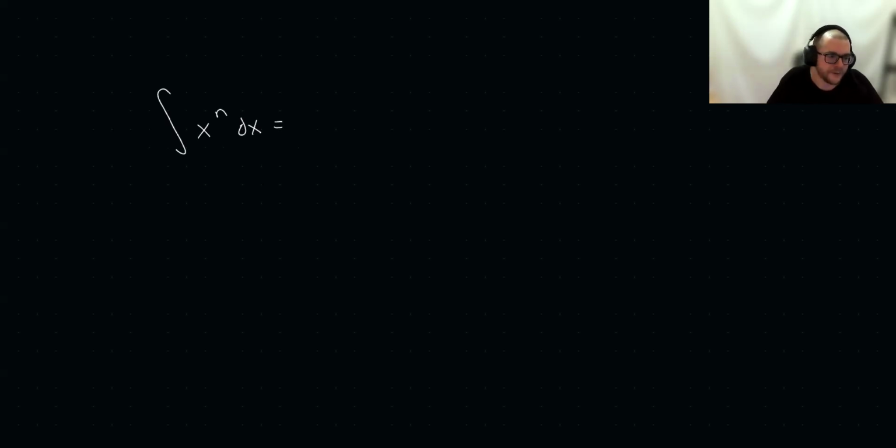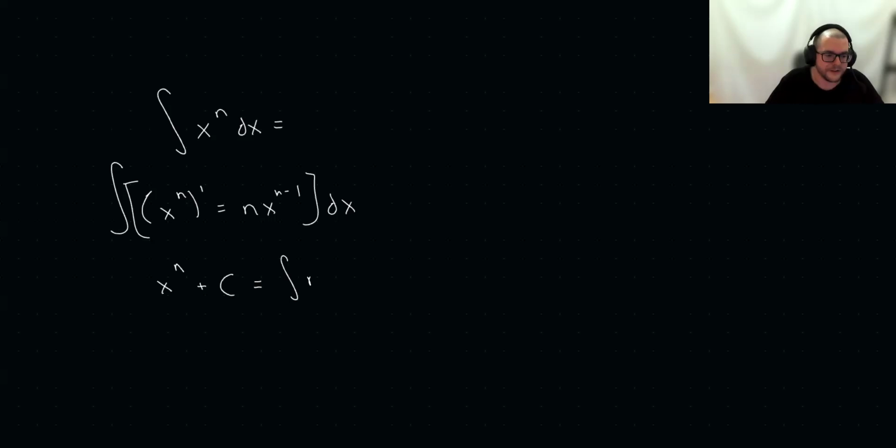We know the derivative of x to the n would look like n x to the n minus 1, meaning that if I were to integrate this equation with respect to x, that undoes the differentiation, without being too technical, and I get x to the n plus some constant equals the integral of n x to the n minus 1 dx, let's say, right?